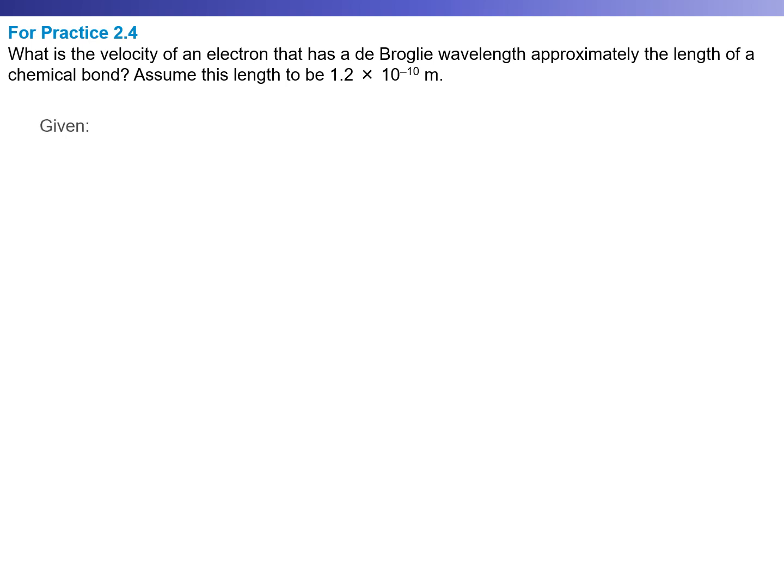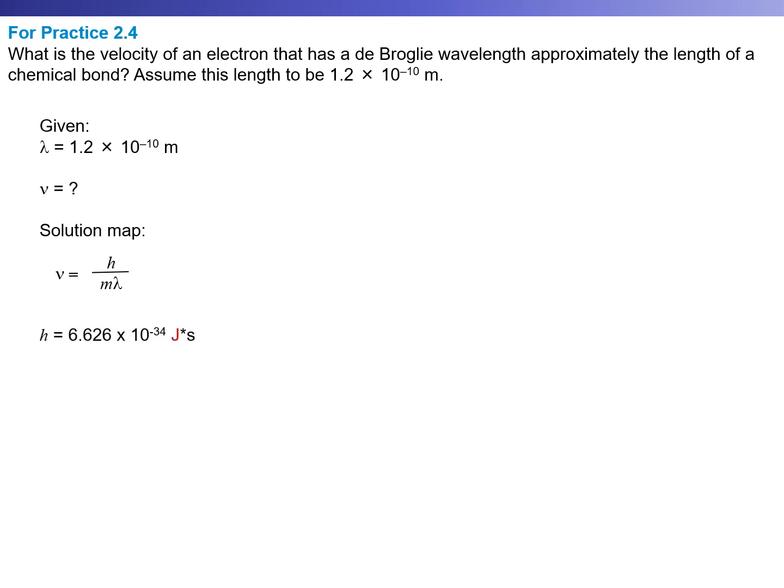So that's going to be our wavelength, and they want us to figure out what the velocity is. The solution we're going to use is the de Broglie formula, where velocity is equal to Planck's constant over the mass of an electron times its wavelength.